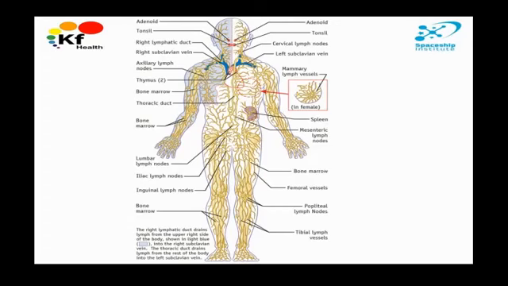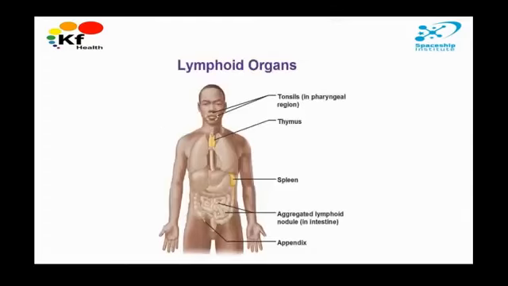Then the next slide, number 7, shows you the lymphoid organs. They are your tonsils, and that picture is showing you only the ones in your mouth. It is the pharyngeal tonsils, but actually you have 5 levels of organization of your tonsils. The first starts in your nose area, then the pharyngeal tonsils.